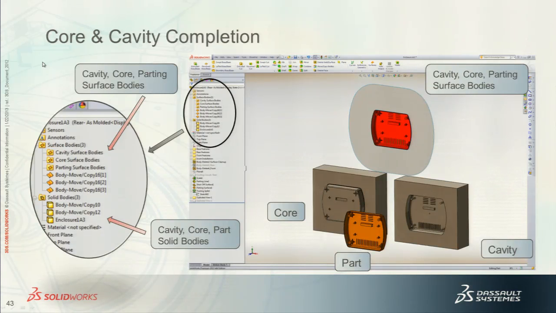Oh, one thing I want to show you: if you are going to be using an off-the-shelf mold base assembly, rather than making your core cavity halves, and I'll show you that in a moment, you will need to use the surfaces that you created here using the mold tools.